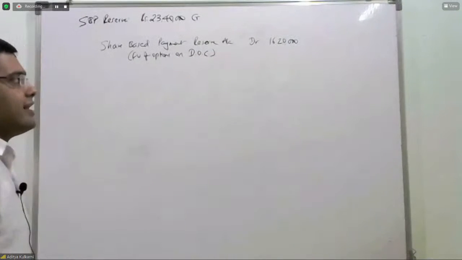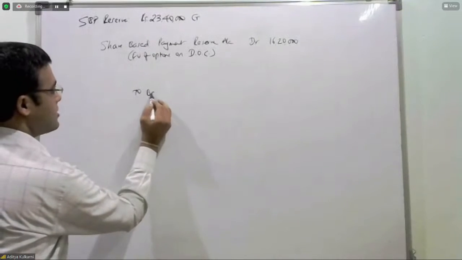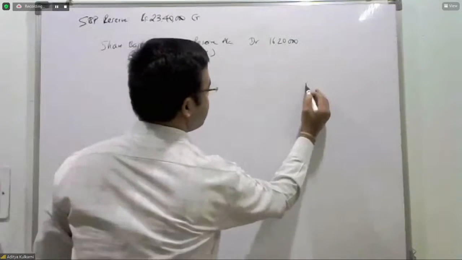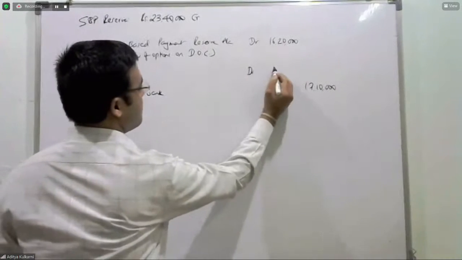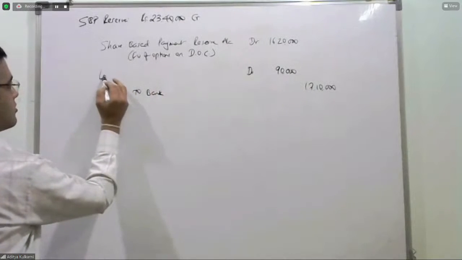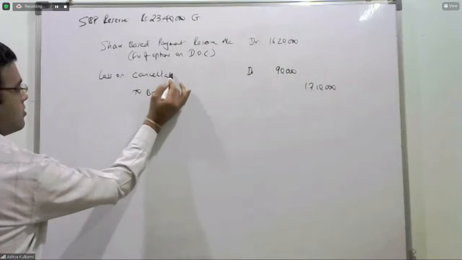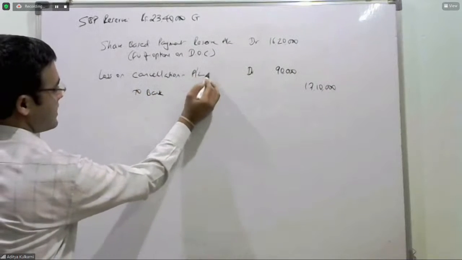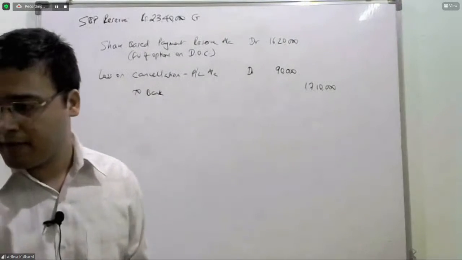To bank, how much are you paying them? 17 lakh 10,000. So balance 90,000. We have done the working also. This is loss on cancellation. You will take this to the P&L account.